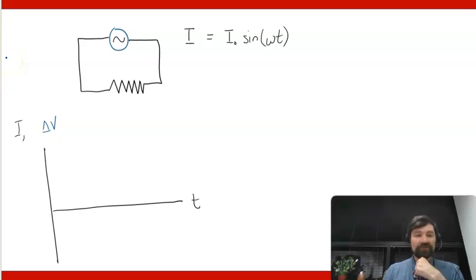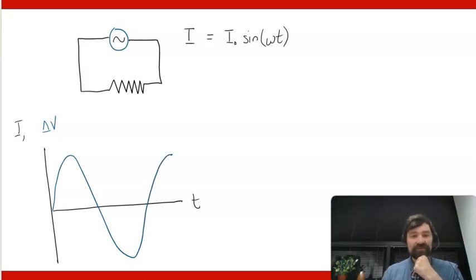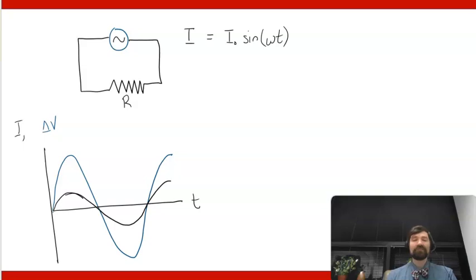For example, my voltage drop across the resistor may look like this, and at the same time for the current I may get a similar plot. Basically they should have the same period, frequency, that kind of stuff, albeit with maybe different amplitudes simply because it's on a different scale.